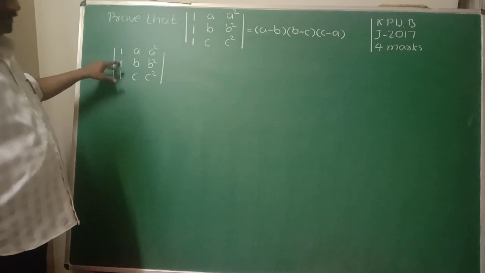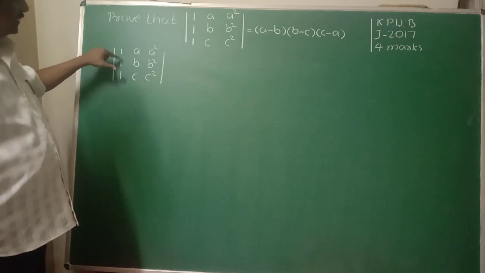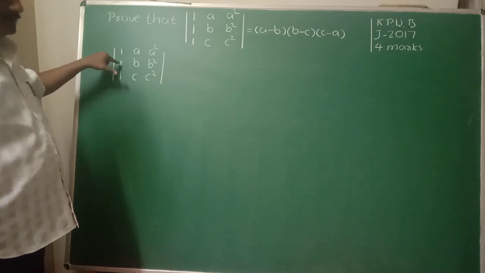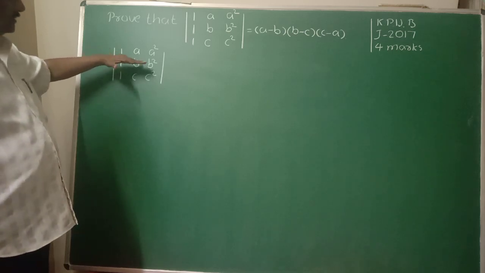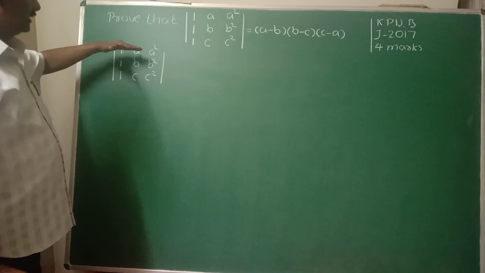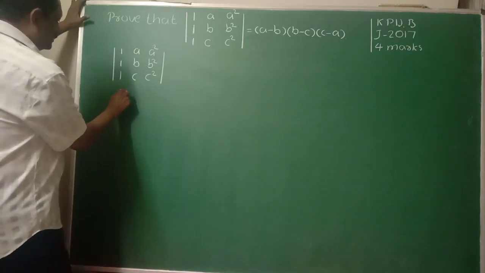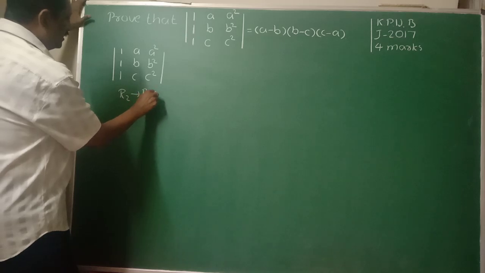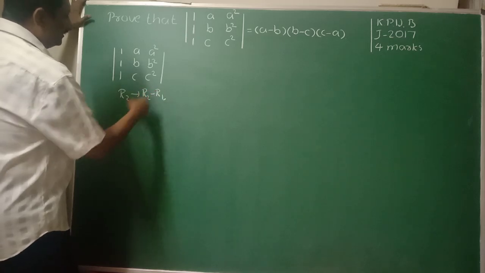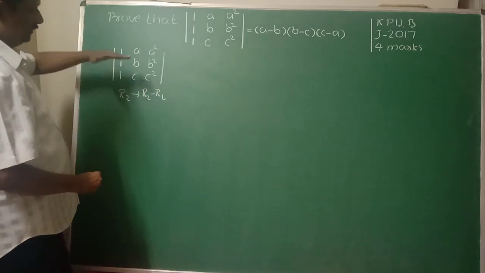Here 1 minus 1 becomes 0, again 1 minus 1 becomes 0. So R2 gives R2 minus R1. Similarly R3 minus R1.